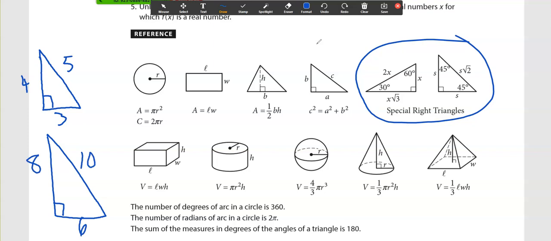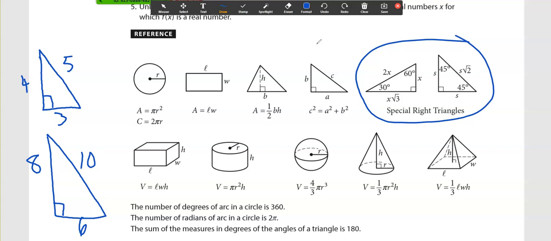In other words, any multiple of 3, 4, 5 will come into play, and somewhere in these tests you're going to find that 3, 4, 5 right triangle. If you know how to look for it, it might make your life a whole lot easier. But as you can see, that's not listed at the beginning of the SAT for any of these tests.